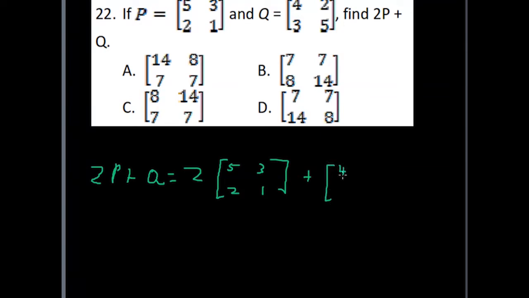Question 22 says if P is this and Q is this, find 2P plus Q. So 2 times P, where P is 5 3 2 1, plus Q, which is 4 2 3 5.